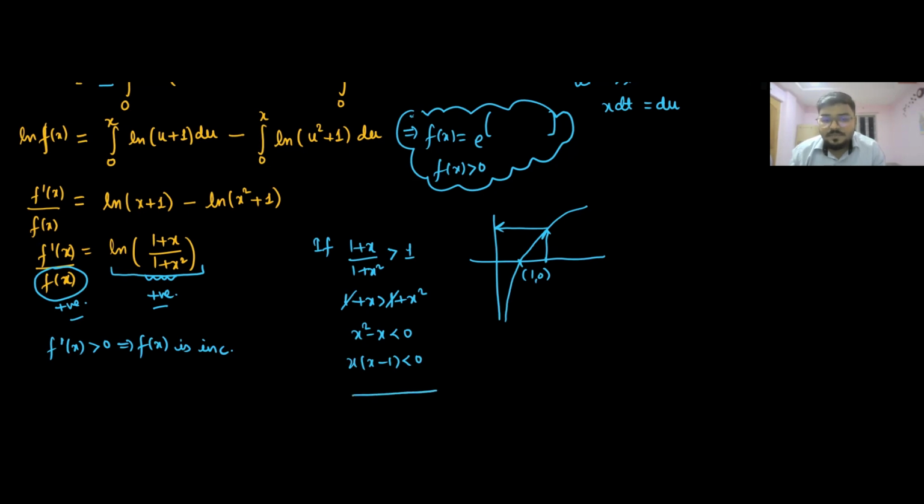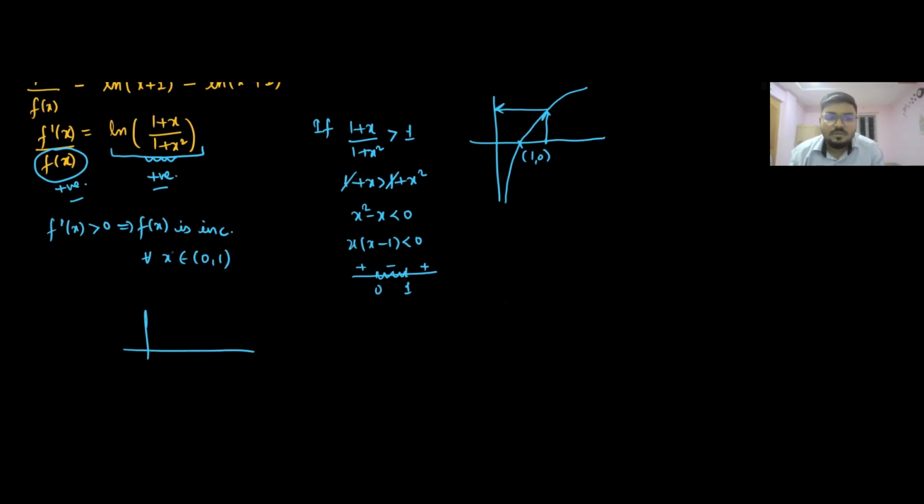That gives the points 0 and 1, with signs plus, minus, plus. For negative, the answer is 0 to 1. So f(x) is increasing for all x belonging to 0 to 1. At 0, I don't know what the value is, but the function is increasing from 0 till 1.